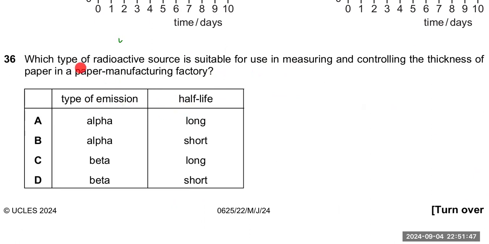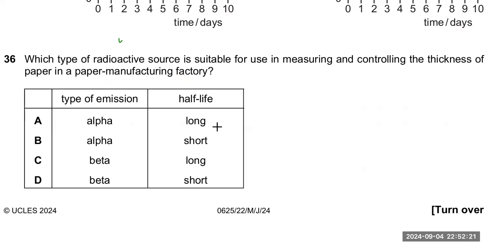The question is, you have to use a radioactive material, with the help of that radioactive source, to measure and control the thickness of the paper in a manufacturing factory. So we must use a material whose half-life is longer. Okay, if the half-life is longer, then it will be used for a long time.